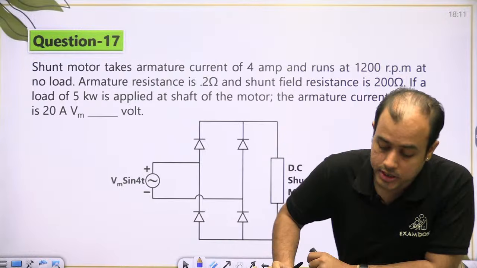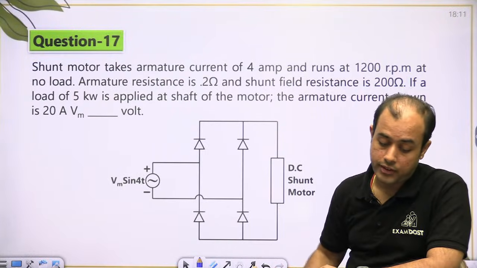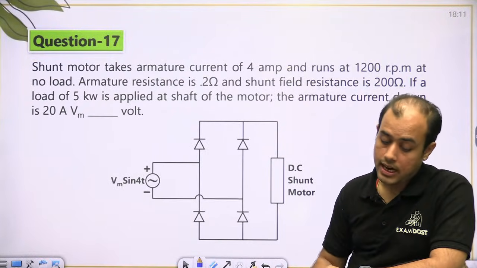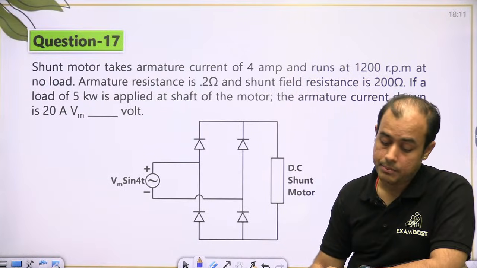Shunt motor takes armature current 4 ampere, runs at 1200 rpm on no load. Armature resistance 0.2, shunt resistance 200 ohm, 5 kilowatt is applied. Armature current drawn is 20 ampere.